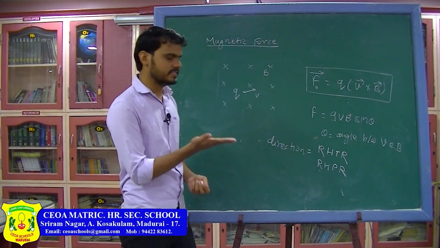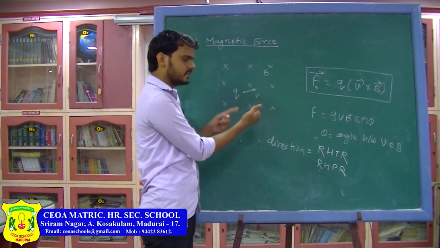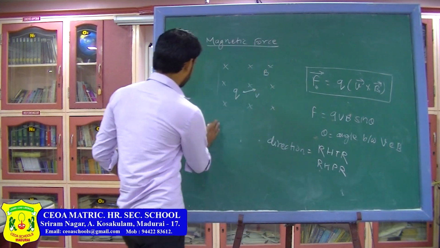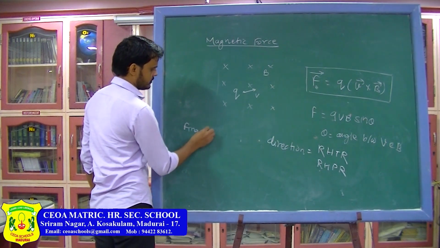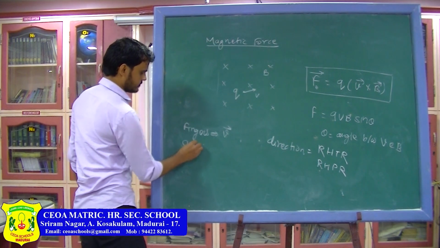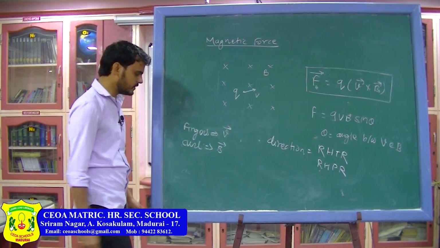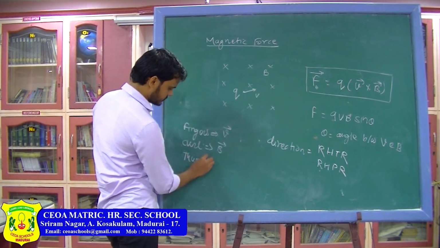You keep your fingers in the direction of the velocity and curl them towards the magnetic field. The thumb will give you the direction of the magnetic force.